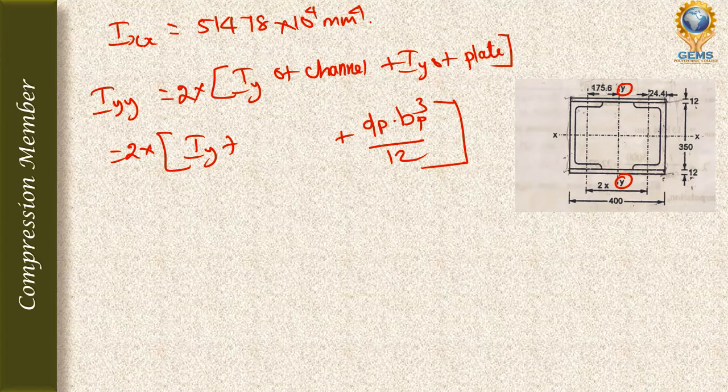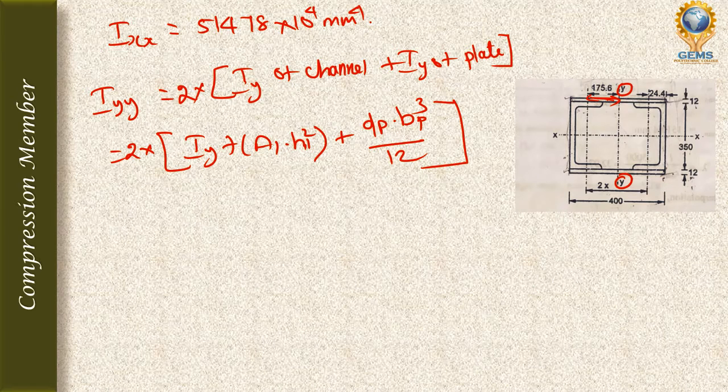But in the y direction, in this IYY, we have what? This plate distance will not play a role here. This distance will play in the y direction. So from the channel, IYY plus A1 into h1 square.